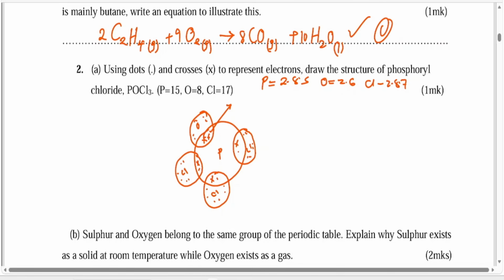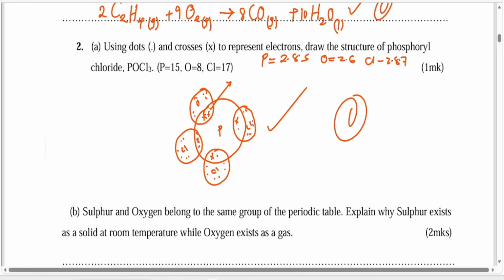So oxygen contributes all its 2 valence electrons to bond with phosphorus, and this is the correct diagram for this compound phosphoryl chloride, and this will only earn you 1 mark.